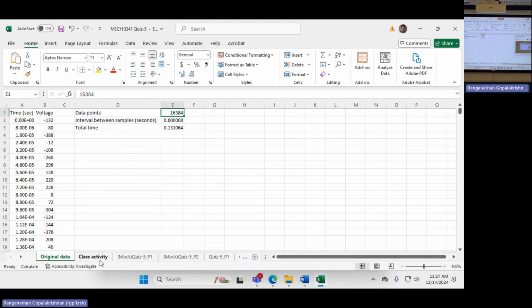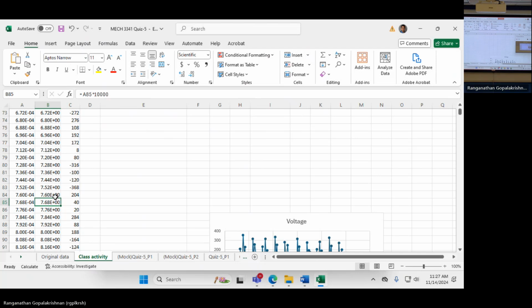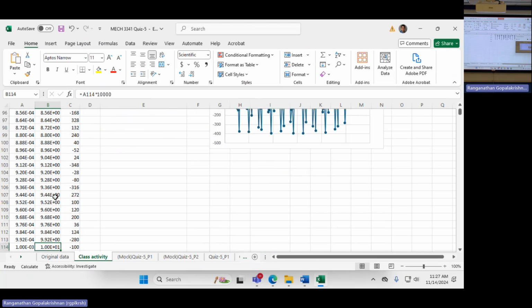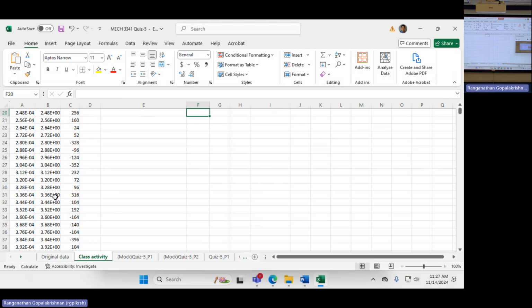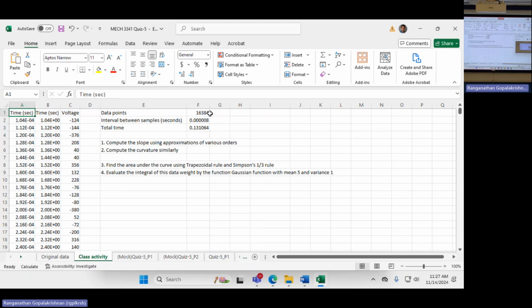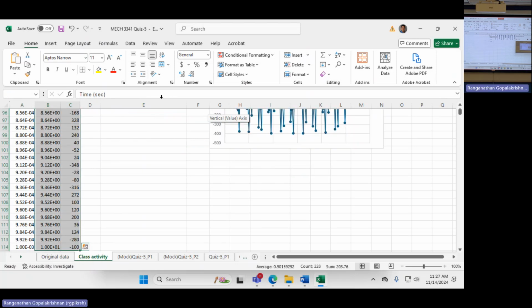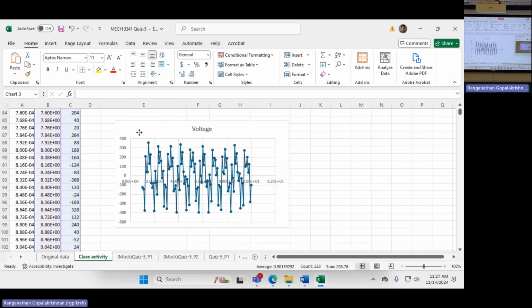If you go to the tab called class activity, I have selected a subset of about 113 data points, and we are going to do some calculations using this data. If I plot it, what am I getting? Time versus voltage. Here is my data.